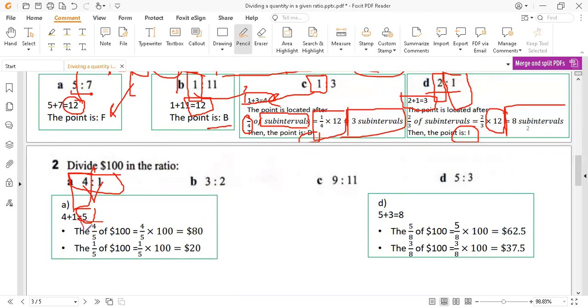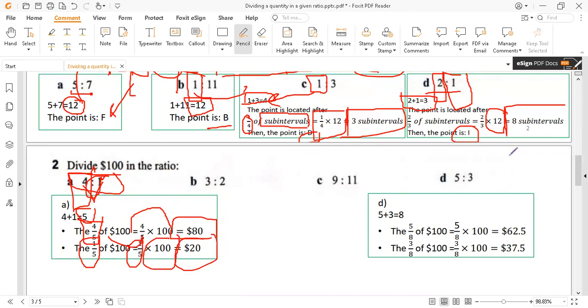So it is 4/5 of $100. How do we proceed? We multiply this fraction 4/5 by 100 to obtain $80. And the remaining part is 1/5, so 1/5 times 100 gives the second part, $20.